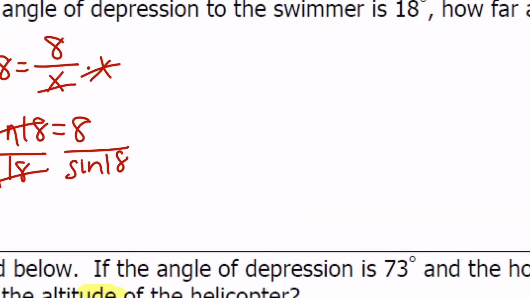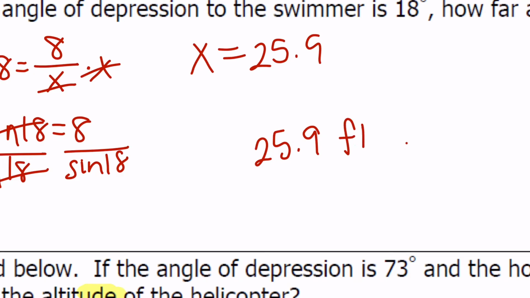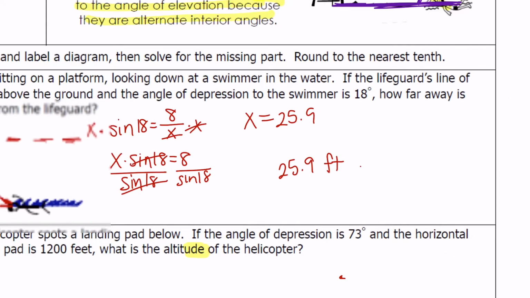That leaves x equal to 25.9. So the swimmer is 25.9 feet away from the lifeguard.